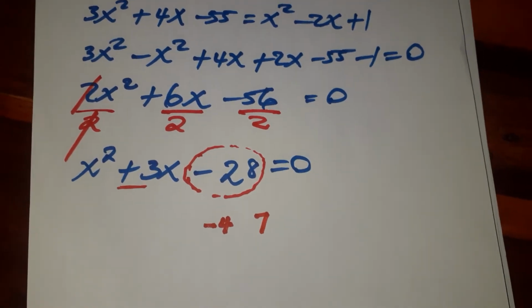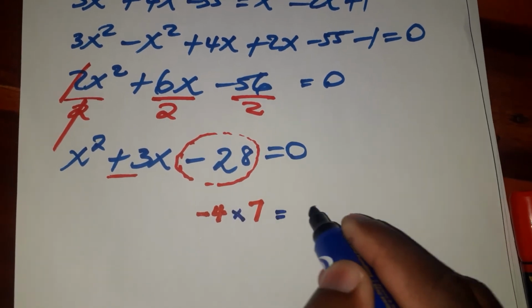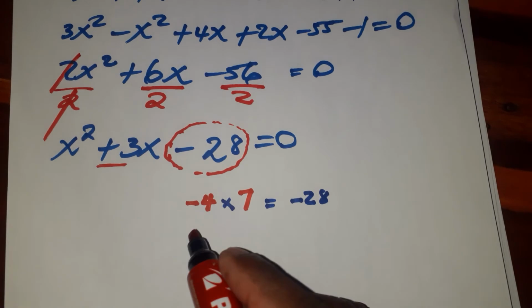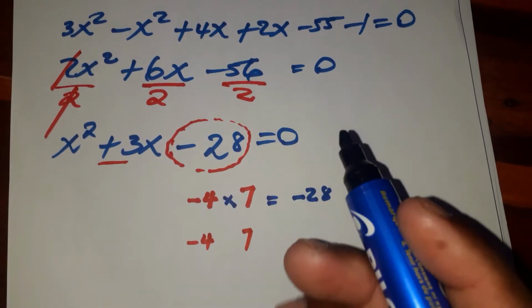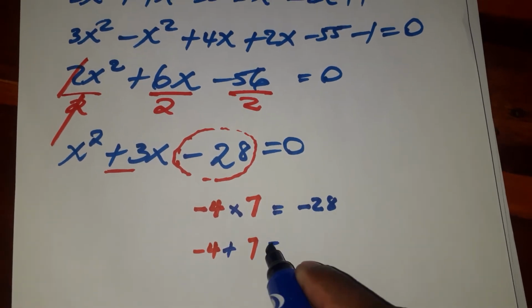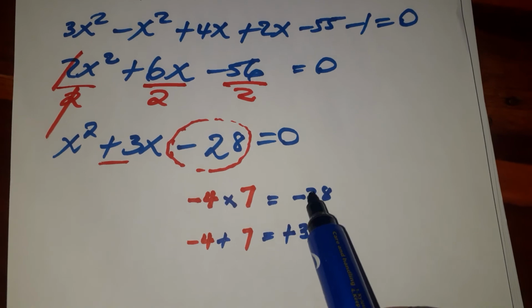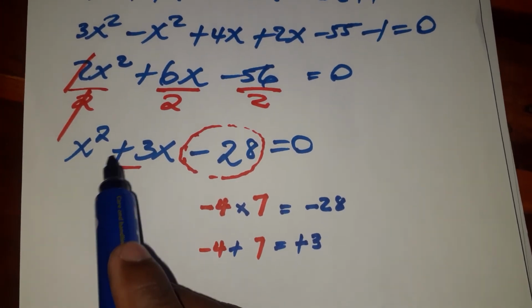If you multiply these two, you should get negative 28. And if you add these two, you should get positive 3. The negative 28 is what we have here. The positive 3 is what we have here.